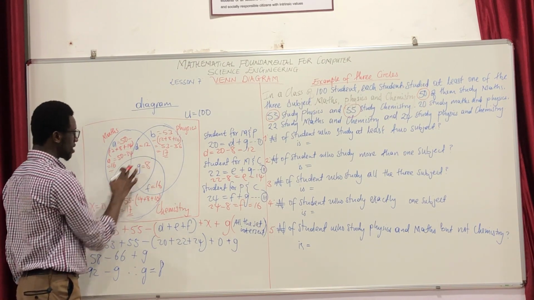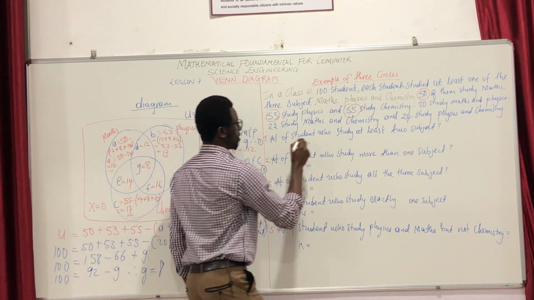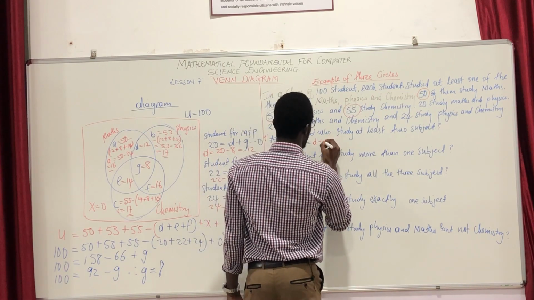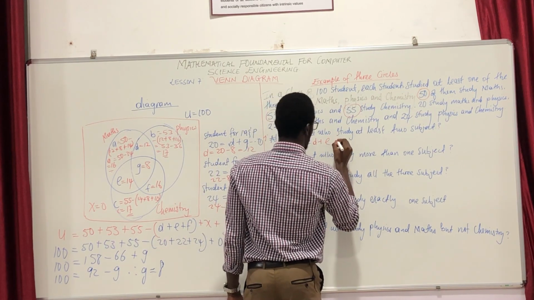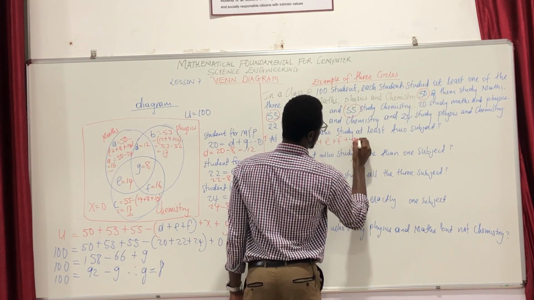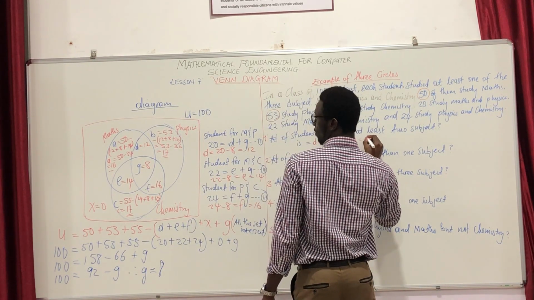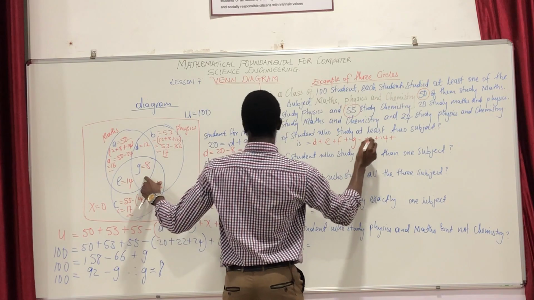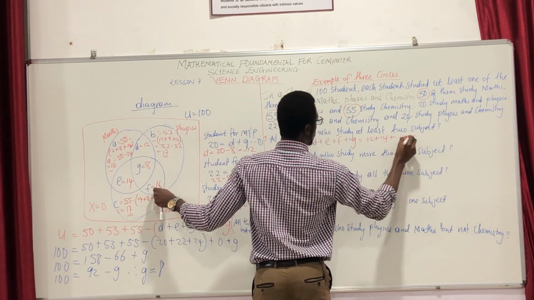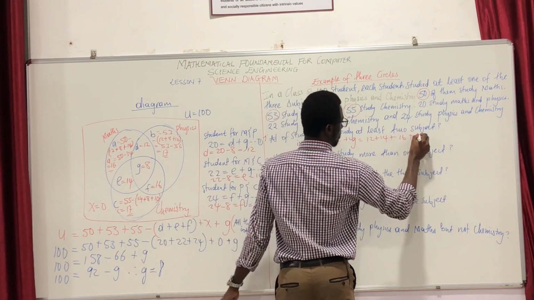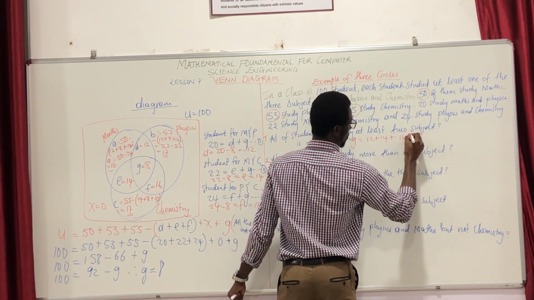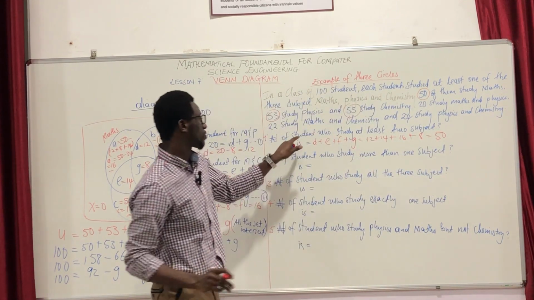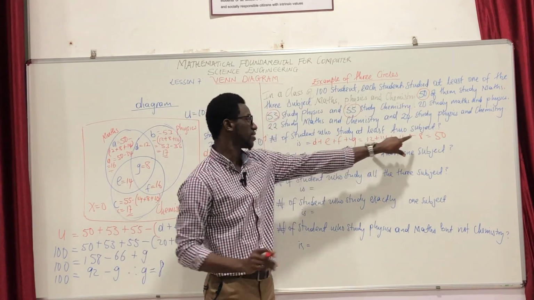So we'll add D plus E plus F plus G. So if we add this 12 plus 14 plus 16 plus 8, you add this, you have the total of 50. So the number of students who study at least 2 subjects is 50.